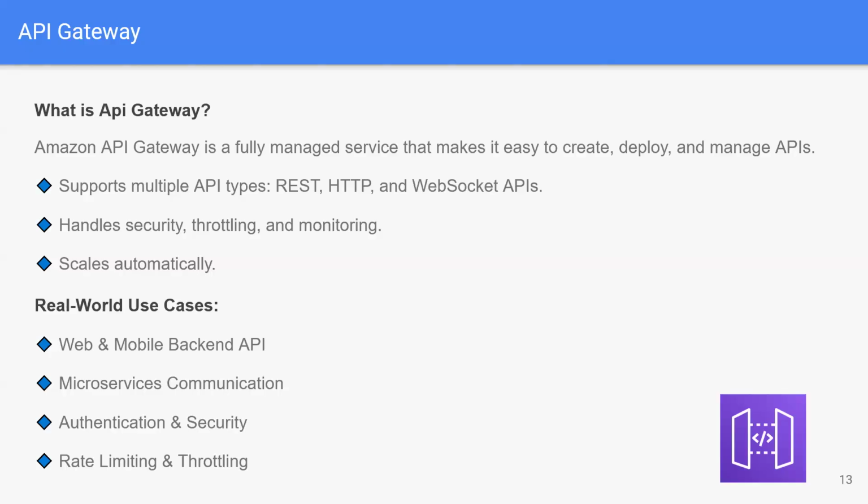It mostly supports IAM and Cognito services, both AWS services, plus other auth services, and JWT token authentication is also used. And API Gateway also controls the limiting of API usage, like throttling and rate limiting. And it can scale based on demand. And if we go to the real-world use cases, let's think a mobile app wants to fetch the user profile from the backend.